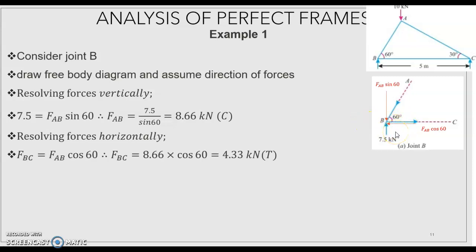So leftward is equal to rightward. FBC is equal to FAB cos 60, that is 0.66 into FAB, 4.33 kilonewton. The arrow is away from the joint.